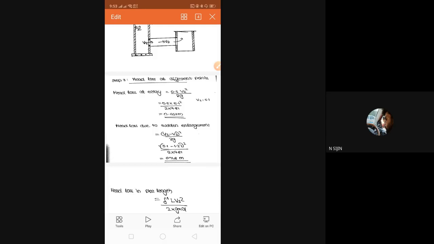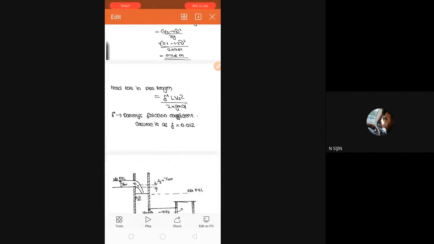Then we need to find out the head loss at exit. Head loss due to exit is given by the equation V3 square divided by 2g. Then determine the value of head loss at the exit.